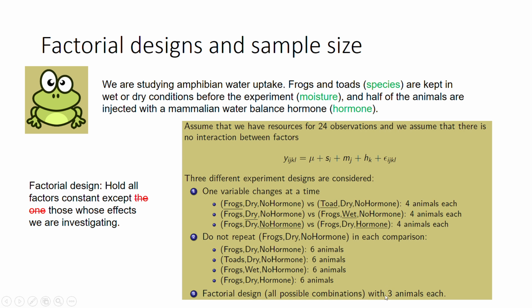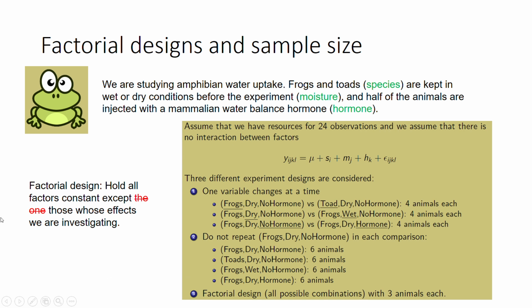So the fact that you have only 3 animals in each one of the groups actually is not bad, because you will use all the groups to estimate the variability of your observations, and because you have the 24 animals to estimate that variability, you will have a lot of confidence in your results.